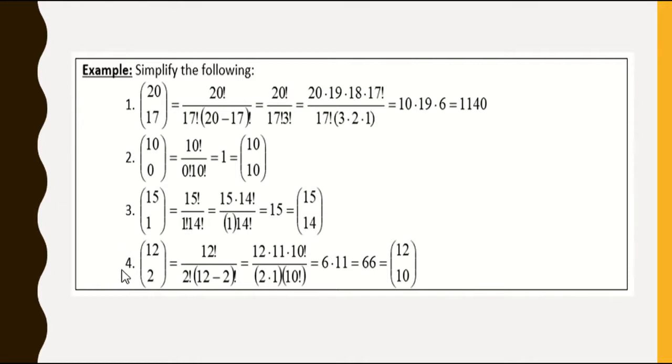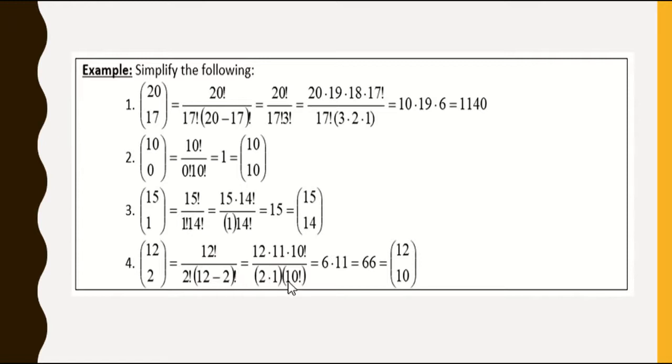And the last example, 12 taken 2 at a time. Okay, 12 is n, and our r is 2. So 12 factorial over 2 factorial times 12 minus 2, which is 10 factorial.